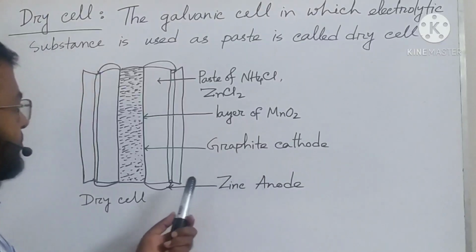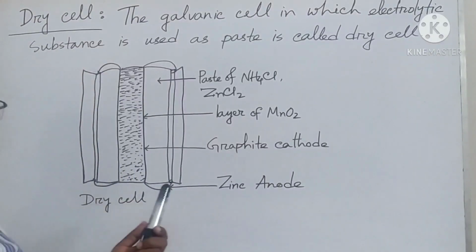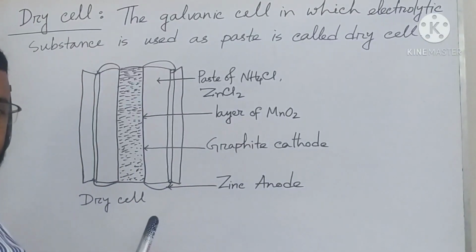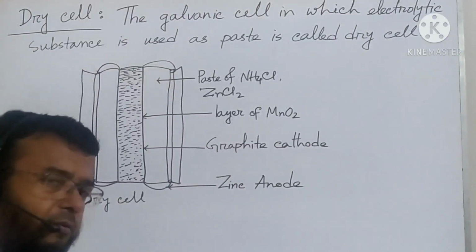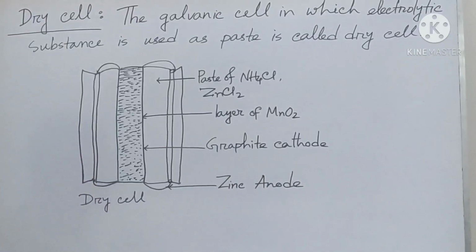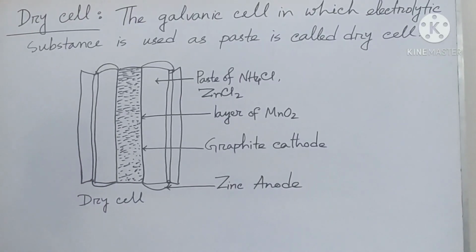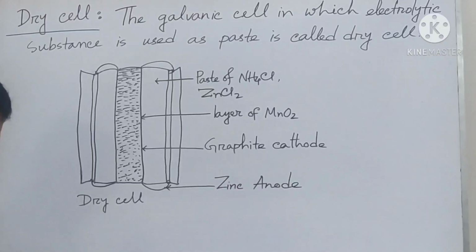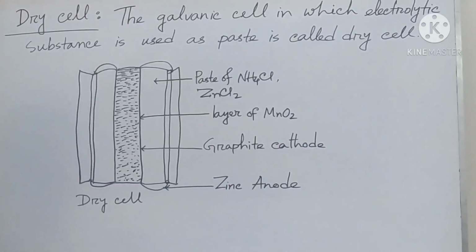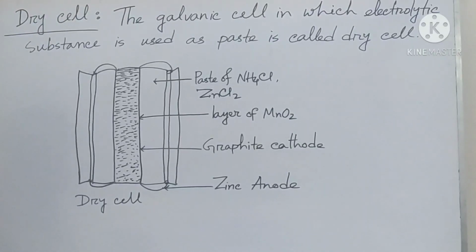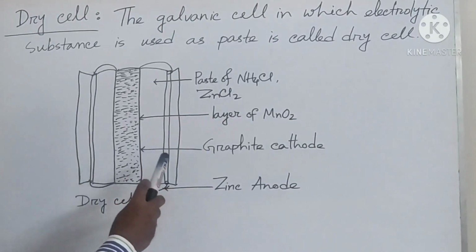So now I will discuss the structure and mechanism of dry cell. So first of all, structure. Okay, all of you write it. I am telling. A zinc pot is used as anode.